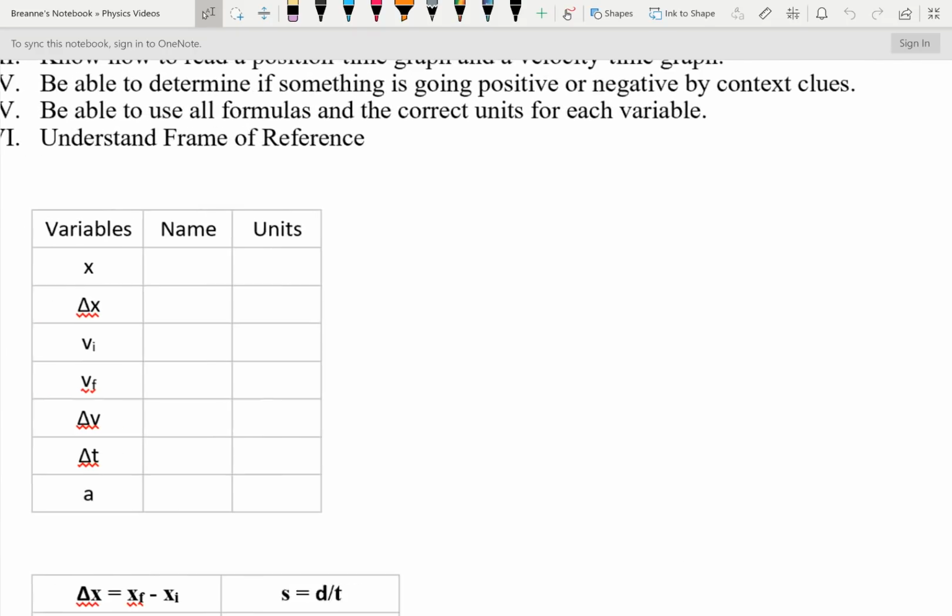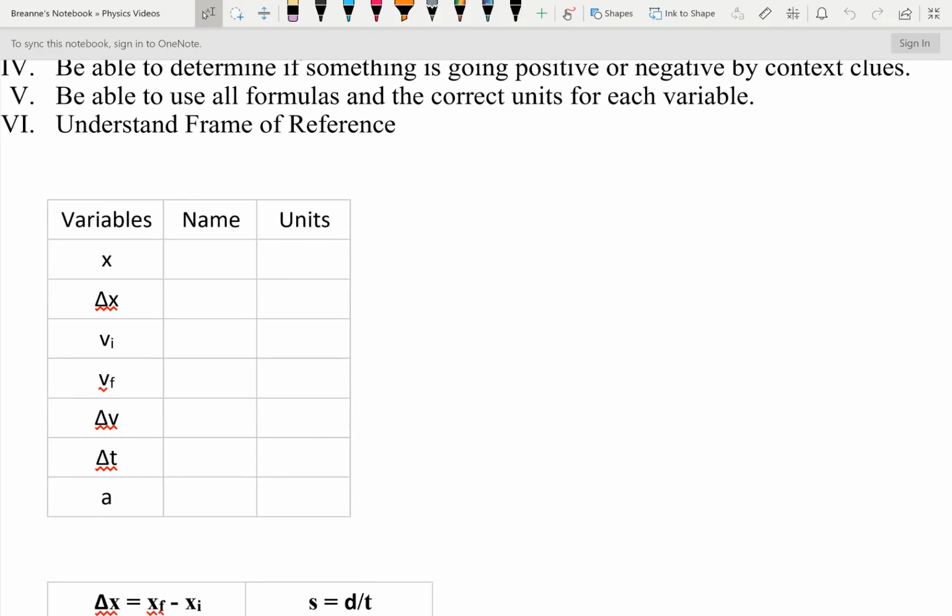So let's look at the variables. If you see just a plain x, that is your distance, and that is measured in meters.